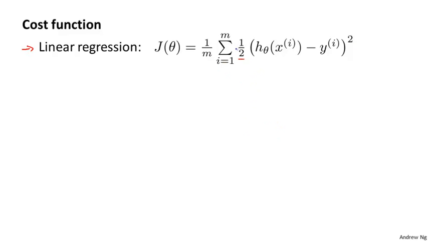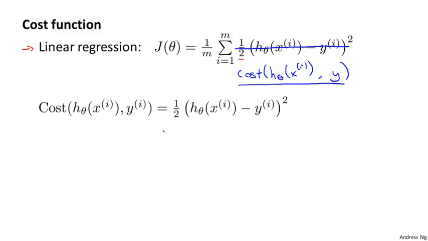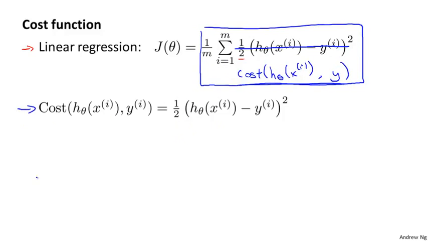Instead of writing out the squared error term here, let's write in here cost of h of x, comma y, and I'm going to define that term to be equal to this. It's just equal to 1/2 of the squared error. So now we can see more clearly that the cost function is 1 over m times the sum over my training set of this cost term here.